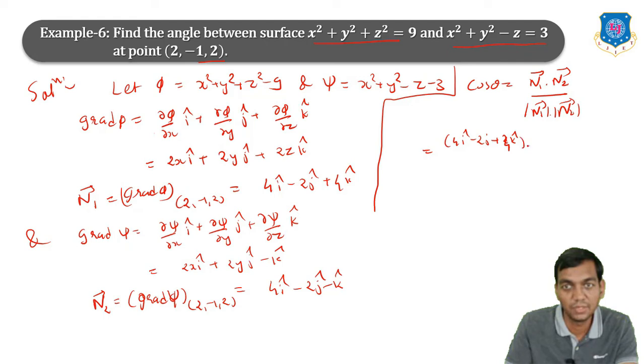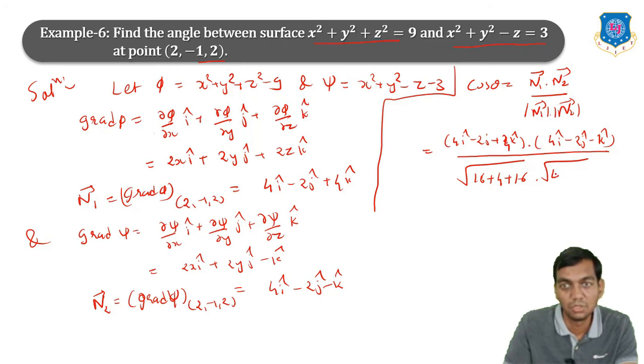So (4i minus 2j plus 4k) dot (4i minus 2j minus k) divided by the mod of them. That is 4 4 is 16 plus 4 plus 16 under root, into under root of 16 plus 4 plus 1. And that will give you 4 4 16 plus 4 minus 4 upon root 36, that will be 6 root 21.